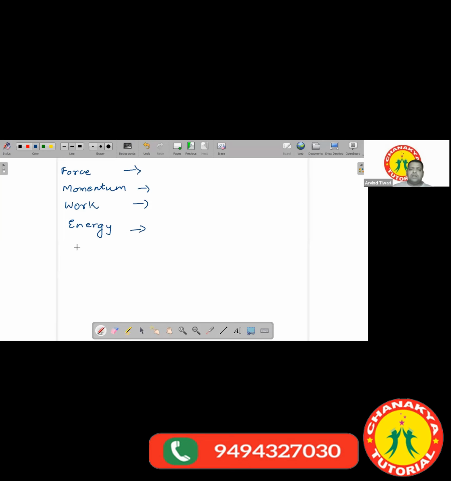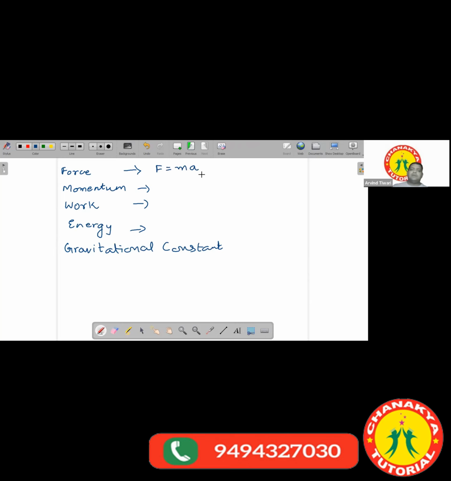Also, I want the gravitational constant, G. To obtain their dimensional formula, we need to have their formula first. We know that force is given by mass times acceleration.